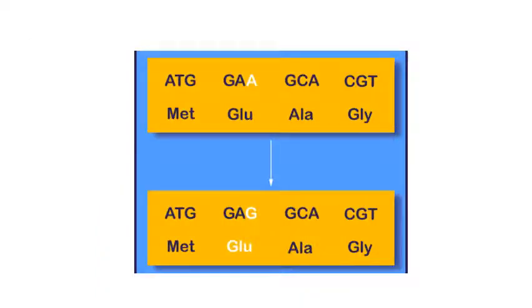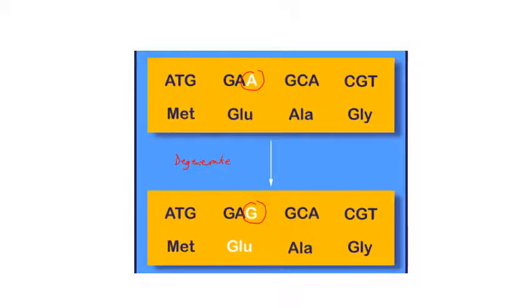Here we can see a substitution where adenine in the DNA strand has been substituted for guanine. Just a reminder, due to that degenerate nature of the triplet code, more than one triplet can code for the same amino acid.